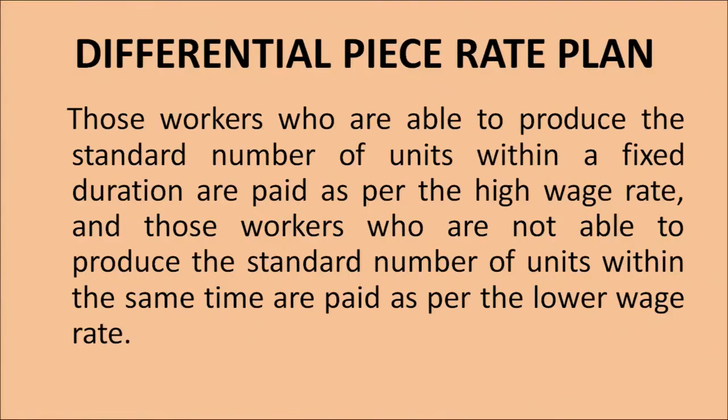According to these 2 mechanisms, the whole idea was that workers who are able to produce the standard number of units within a fixed duration are to be paid at a higher wage rate, and those workers who are not able to produce the standard number of units within the time specified should be given a lower wage rate.